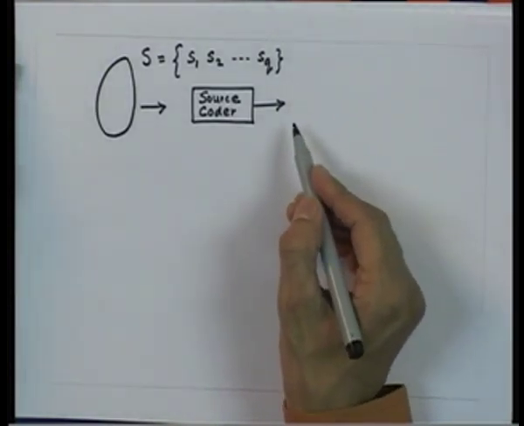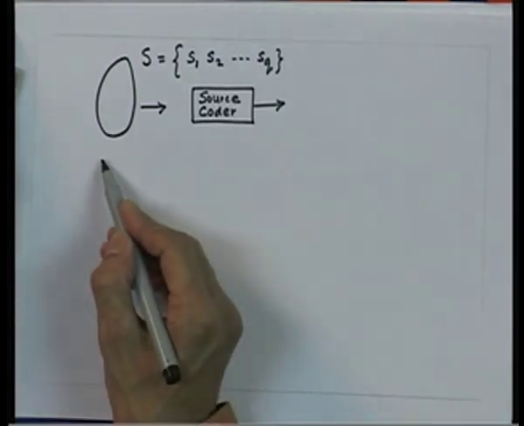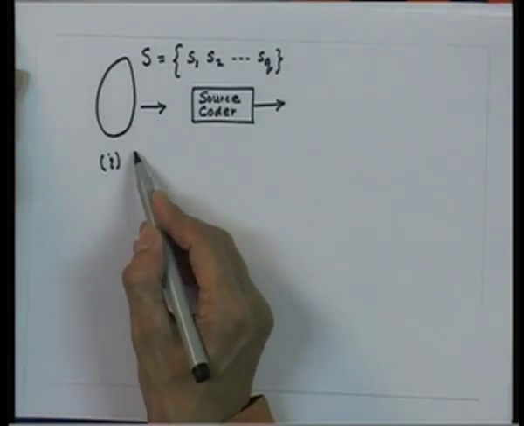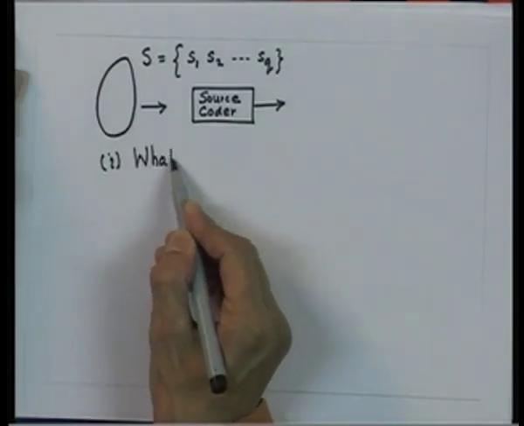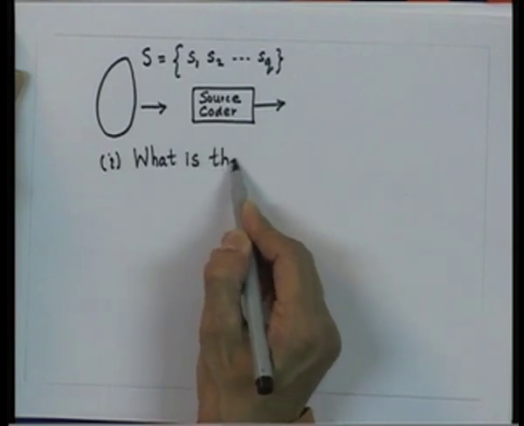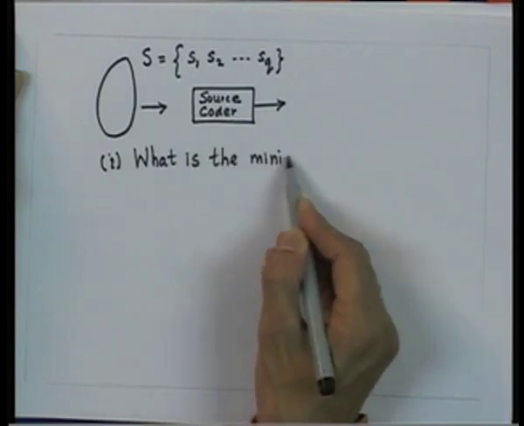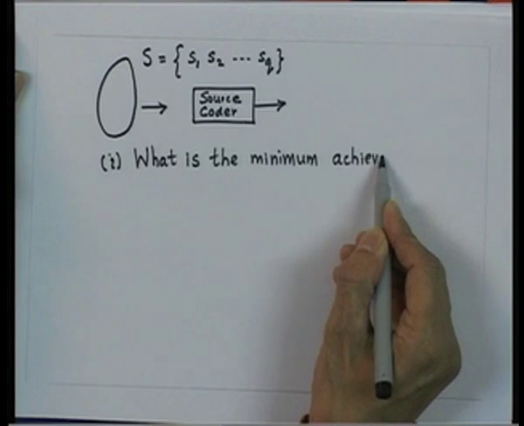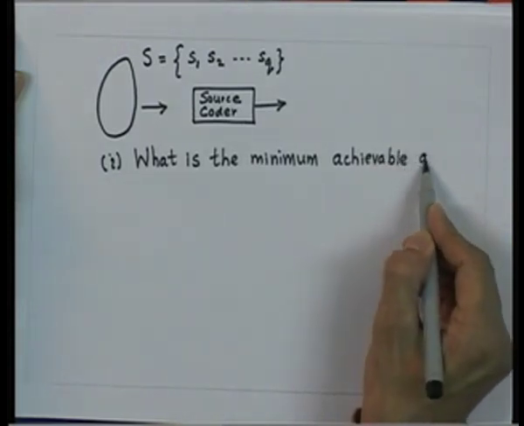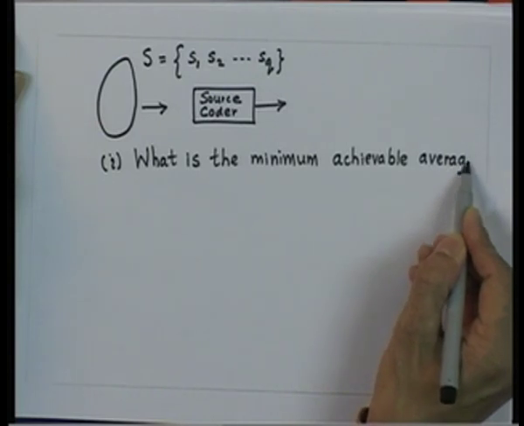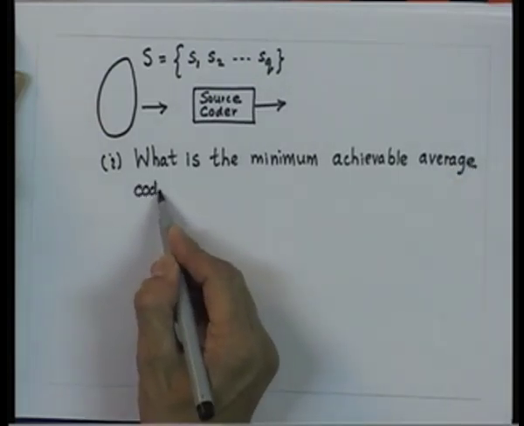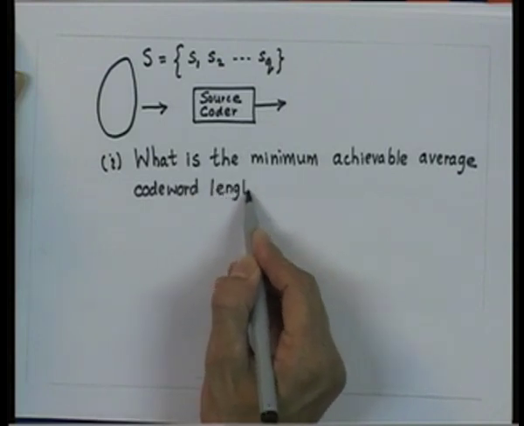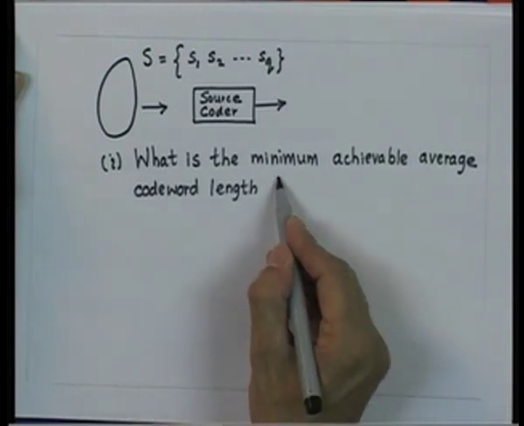Now, the first question that arises is, what is the minimum achievable average code word length for a given source?